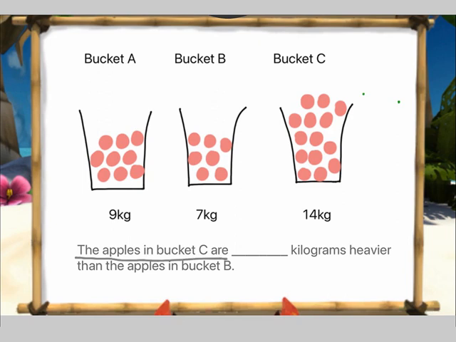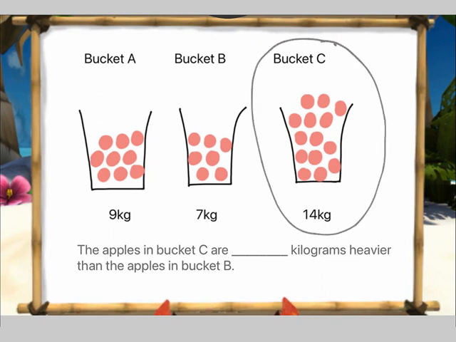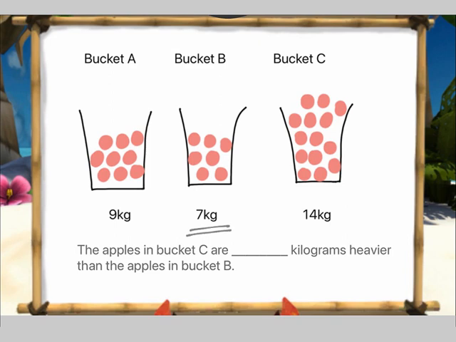The apples in bucket C are dash kilograms heavier than the apples in bucket B. In this case, we have to compare bucket C and bucket B. So bucket B is 7 kg and bucket C is 14 kg.